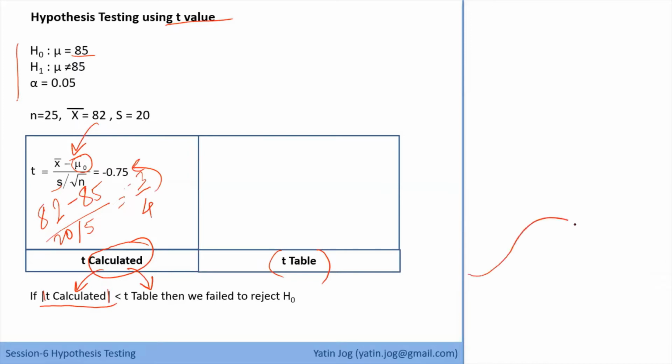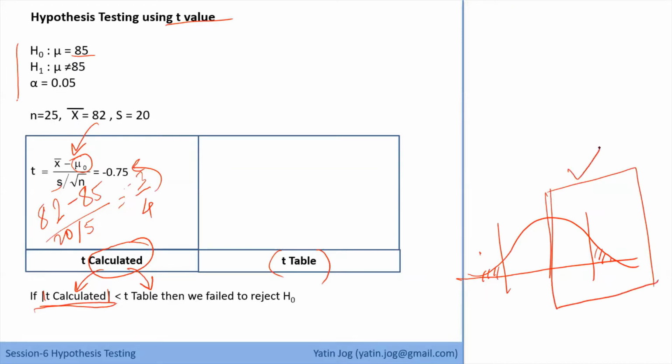If I consider the distribution, and this is my reject region, and the remaining is my accept region, then taking mod of the calculated value means I'm considering only one half of my distribution. Even if my distance is negative on this side, I'm considering the same distance on the positive side. So I'm considering only half of the distribution.